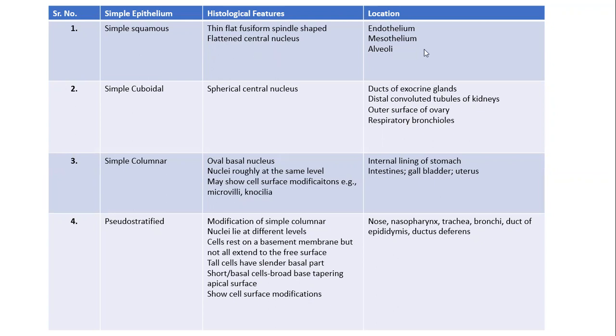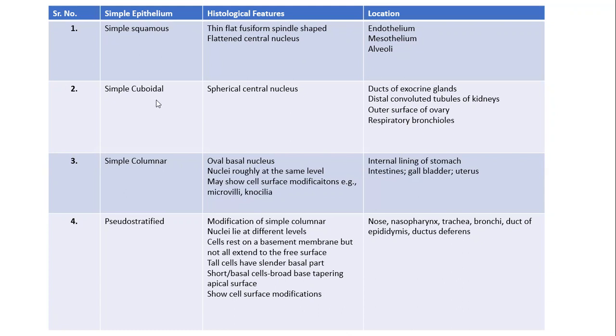Such type of epithelium can be found in the endothelium lining of the blood vessels, mesothelium, which is a specialized type of epithelium found in the pleural lining and peritoneal and pericardial linings, and alveoli in the lungs.